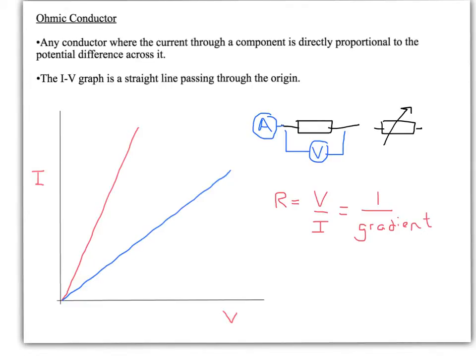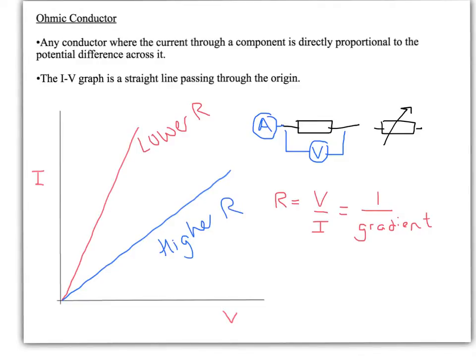This red line is much steeper, so it has a larger gradient. So 1 over a larger number would mean it has a lower resistance. So this red line has a lower resistance, and this blue line has a higher resistance.